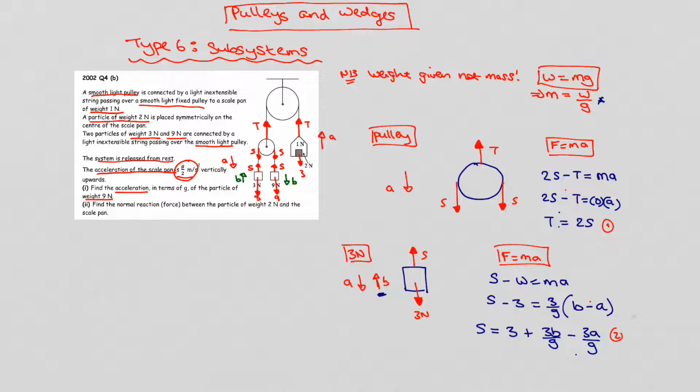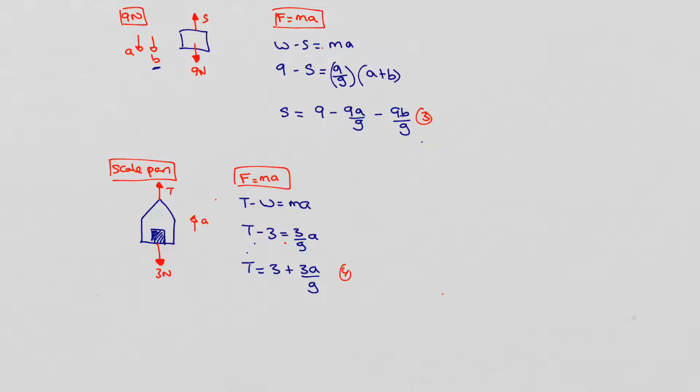So we're going to try and find the acceleration in terms of G of the particle 9 newtons. In other words, we're looking for the acceleration. So I'm looking for the letter B here. So I'm going to take equation 2 and equation 3, because that will only have A and B in it, and we already know what A is, which means I can now get B on its own. But of course, you could take any kind of combination of these and probably still get the same answer out, but probably be a bit longer, okay?